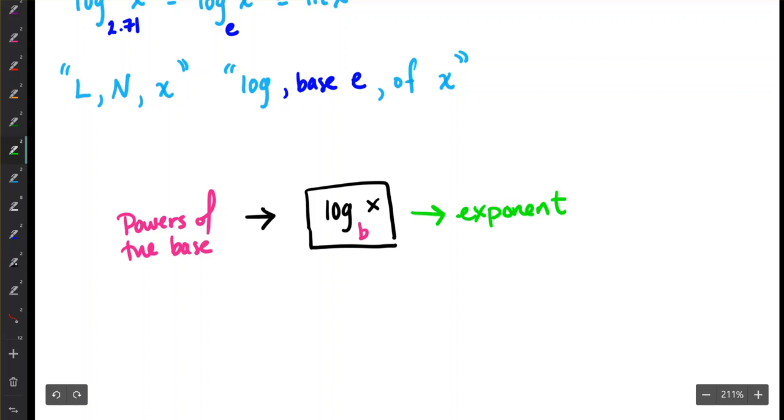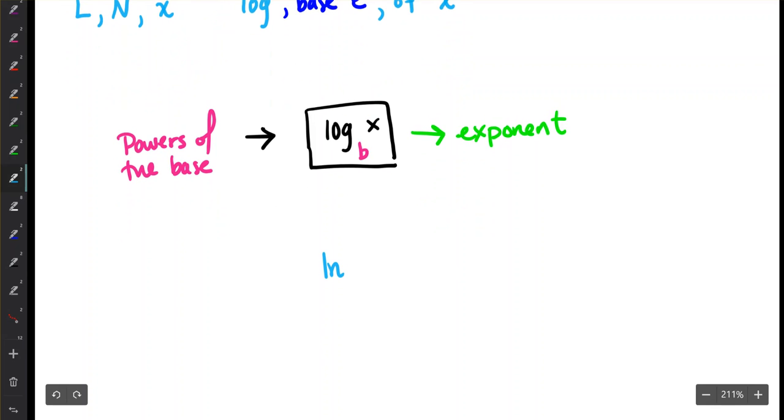All right, so for ln of x, remember that's just log base e, base 2.71 of x.